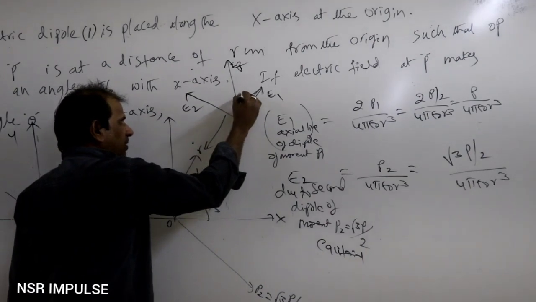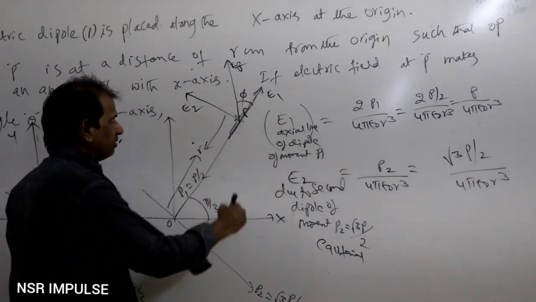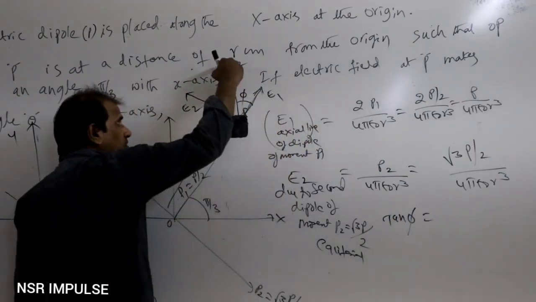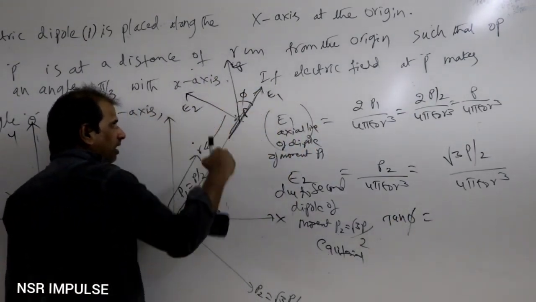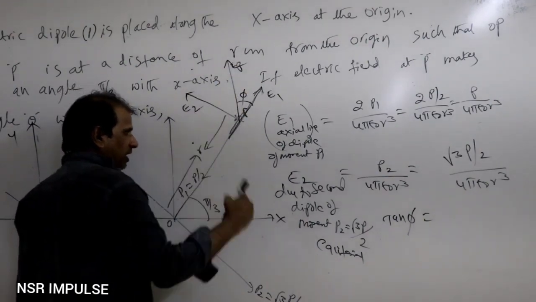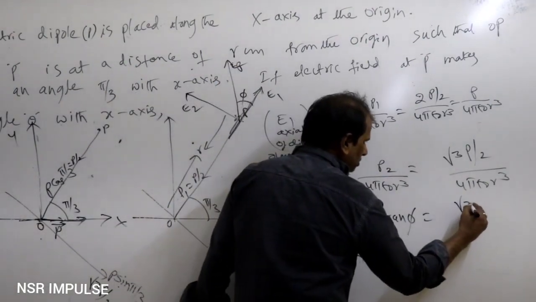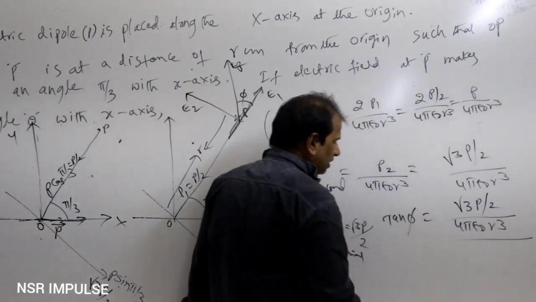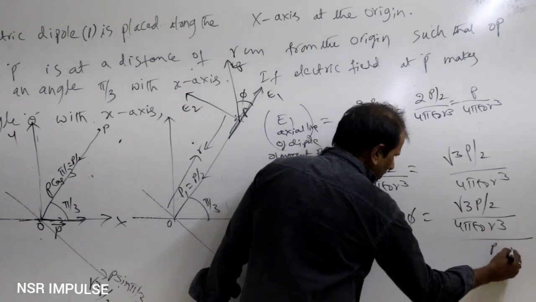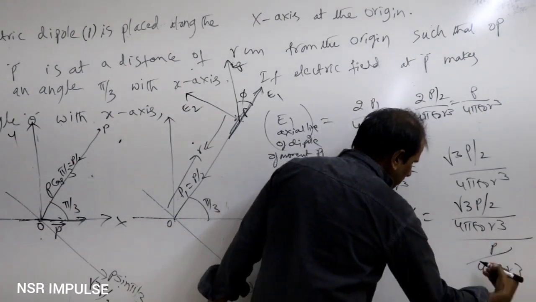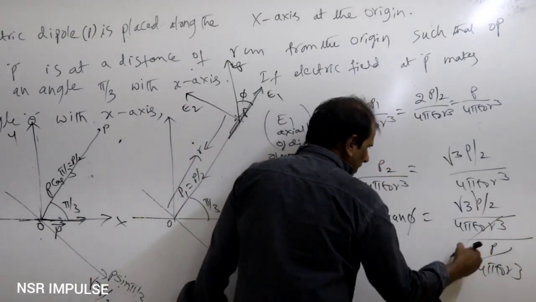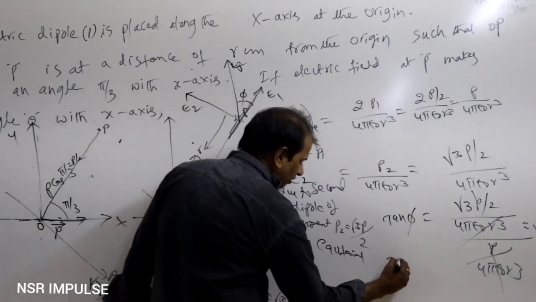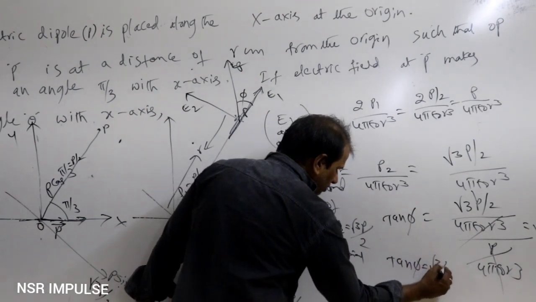Now this is the angle made by the resultant field. Tan phi, let us apply. Tan phi is equal to opposite side by adjacent side. What is opposite side? E2. E2 is equal to root 3P by 2 by 4 pi epsilon naught r cube, divided by P by 4 pi epsilon naught r cube, which is root 3 by 2. Tan phi is equal to root 3 by 2.